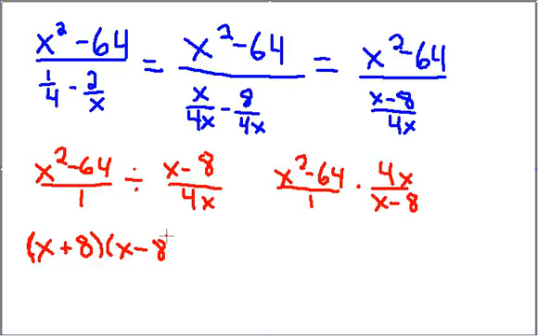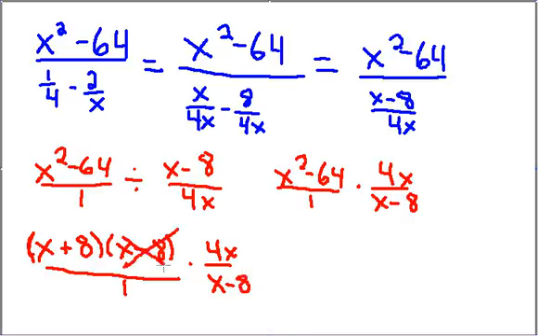That'll be our numerator there. And we'll still have the 1 in the denominator. And that's going to be multiplied by 4x over x minus 8. We just rewrote that. This x minus 8 and that x minus 8 cancel. And we are now left with 4x times x plus 8. That is our answer in factored form.